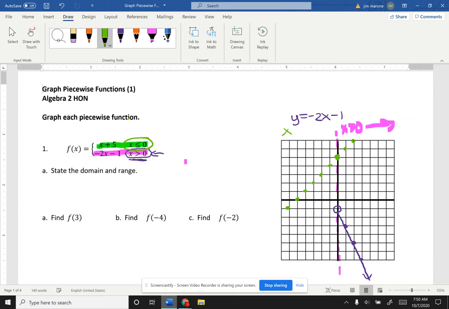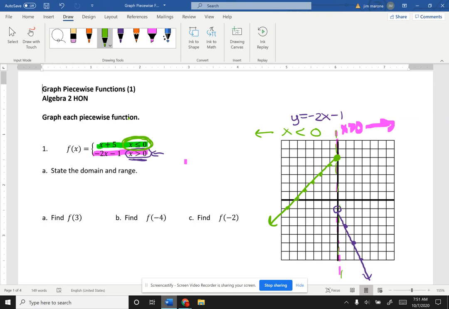X is less than or equal to 0 over here, starting from this dotted line going to the left. I do include the line or the dot where x is equal to 0, and then everything to the left of it. These points are not needed.